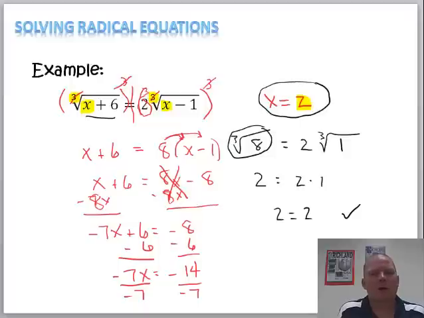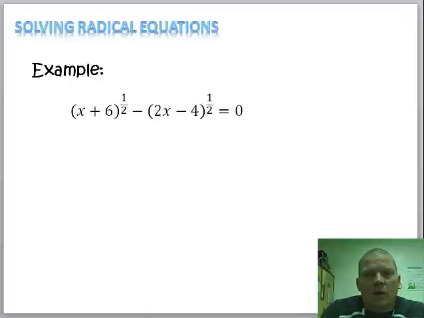Now let's move on to the last example, number 4. Okay, our last example, this one looks a lot different, but it's the same thing really, okay? Alright, so let's look at this. If you'll remember in our first lesson on radicals, when we were adding and subtracting, we talked about x to the 1/2 power being the same thing as the square root of x.